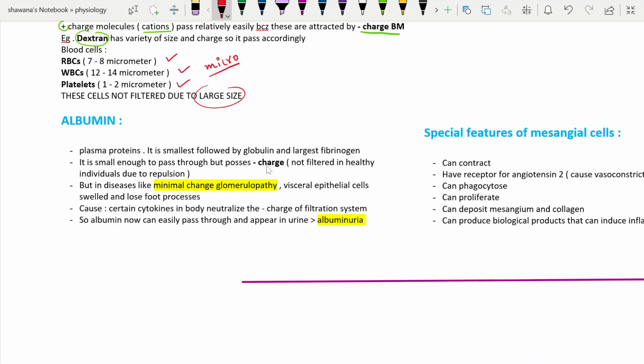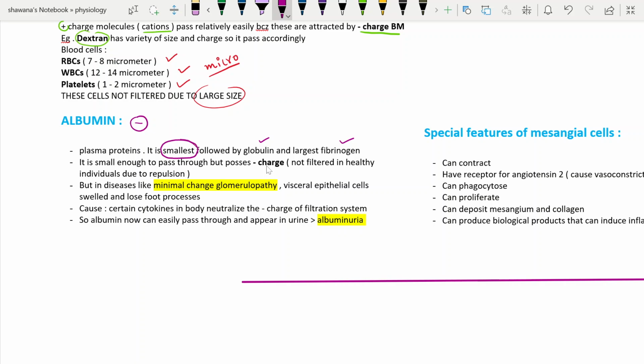The last but not the least concept is about albumin. Albumins are plasma proteins and they are negatively charged. I cannot stress it more that albumins are negatively charged, but other plasma proteins, for example fibrinogen and globulins, have a large size, while albumin is the smallest one.